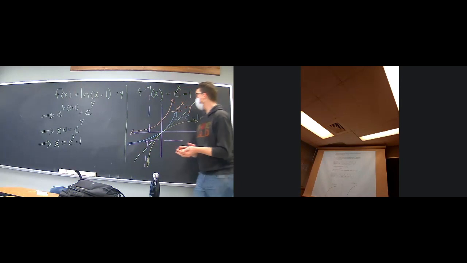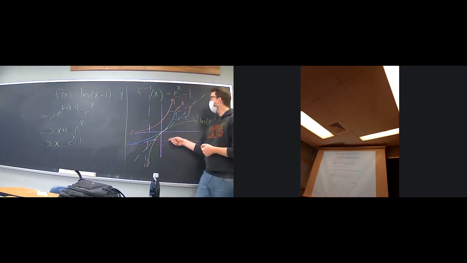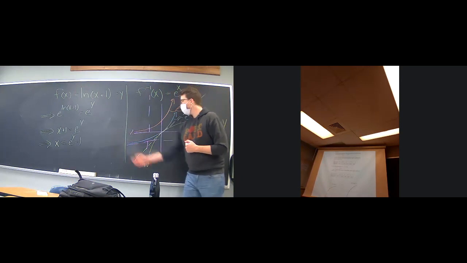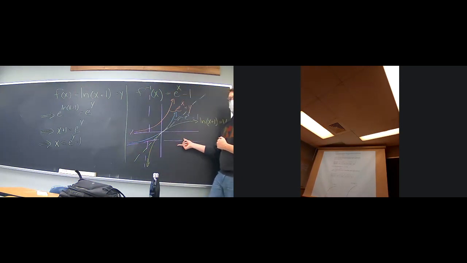And the only reason we have this asymptote is because e to the x is asymptotic to our x-axis as we go to negative infinity. Well, we just move that down by 1 unit. We subtract 1. And then it gets reflected as well. And my lines aren't perfect here, but it gives you the general idea.